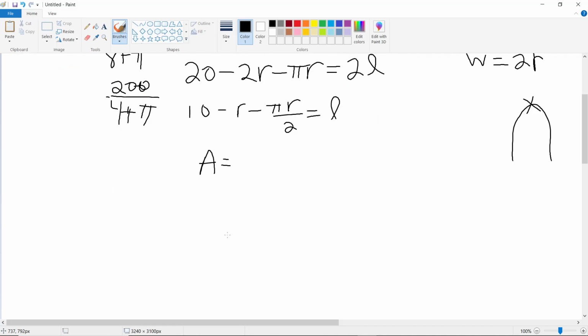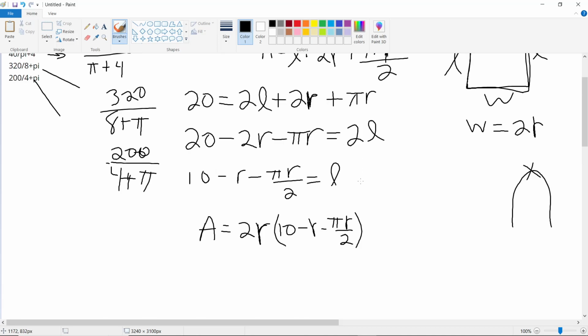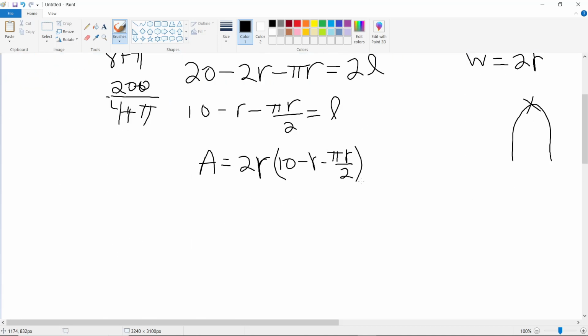I'll put the 2r in front. It'll be easier when I multiply. 2r times 10 minus r minus pi r over 2, and then plus pi r squared over 2. That's the area of the semicircle. Then I'll distribute that r.